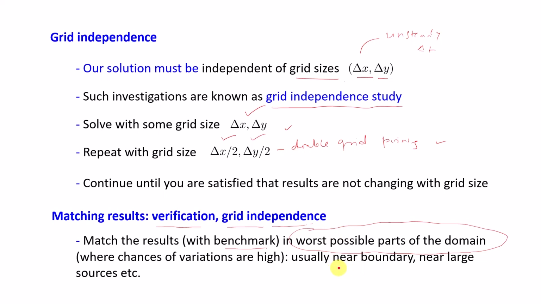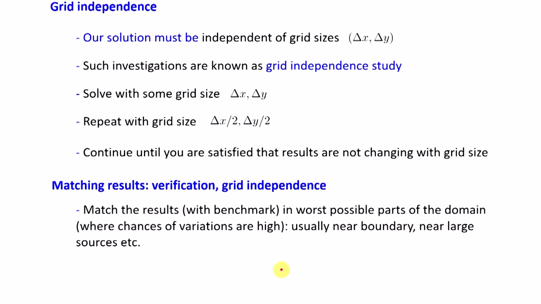Usually that happens near boundaries, near large heat sources, etc. Those are the worst places where you match your solution, and all these activities will give us certain confidence about our solver. Still, we cannot say that our solver is the best or even that it is always correct. We at least know that it's very likely that our solver will give a correct result. Then based on our solver, someone can take decisions for tomorrow.